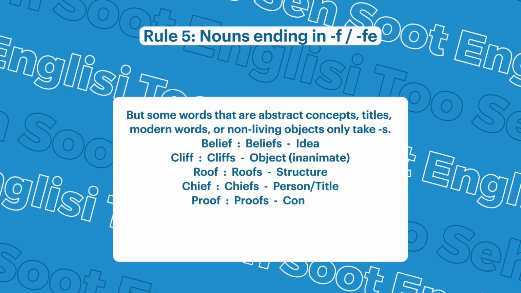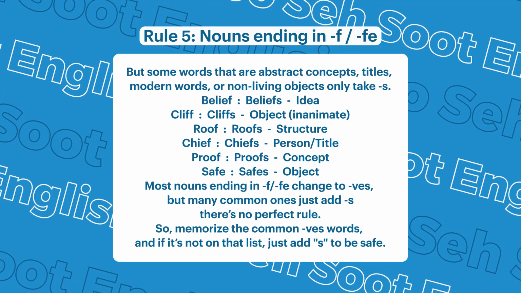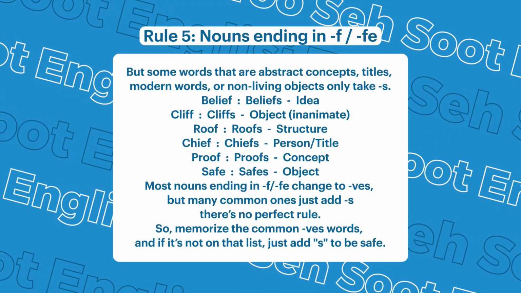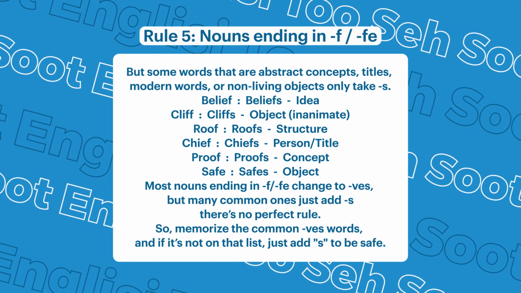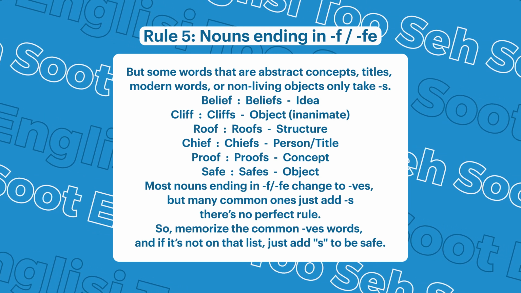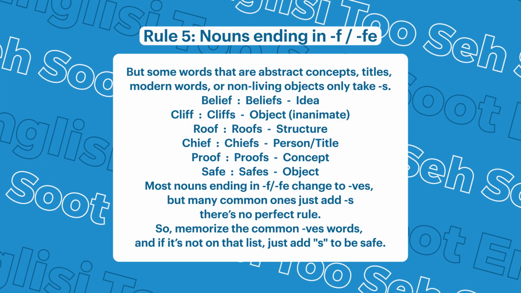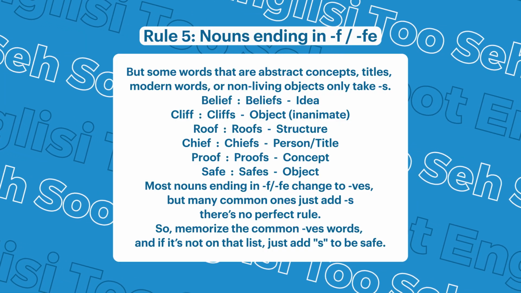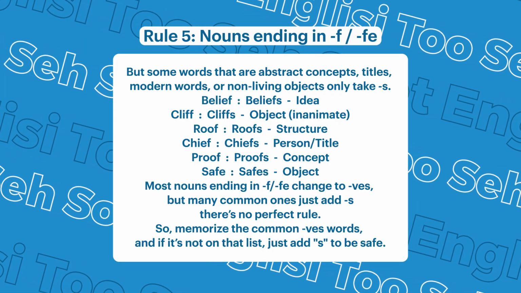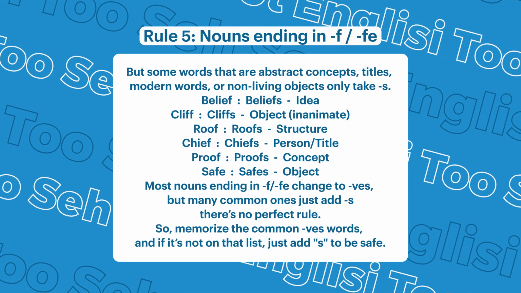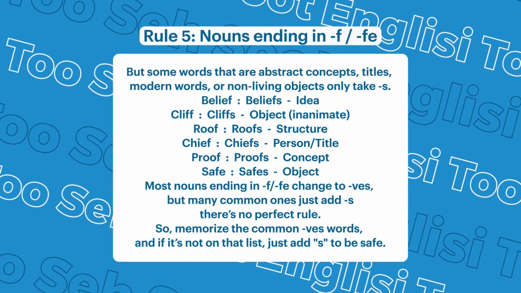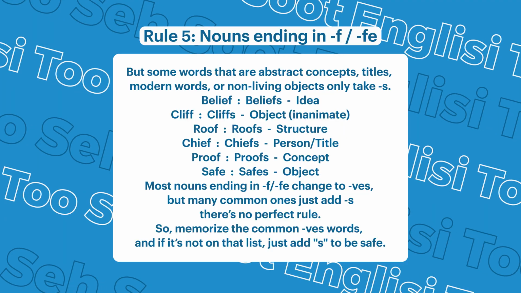But some words that are abstract concepts, titles, modern words, or non-living objects only take s. For example, belief becomes beliefs, because it is an idea. Cliff becomes cliffs, because it is an object. Roof becomes roofs, because it is a structure. Chief becomes chiefs, it's a person title. Proof becomes proofs, it's a concept.